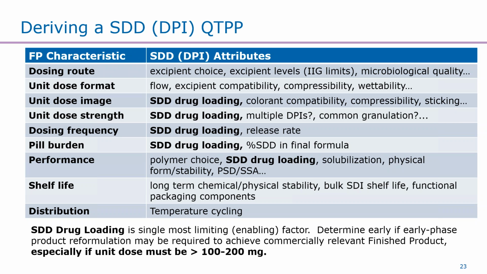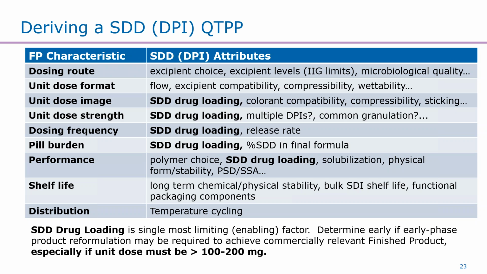we can derive what are appropriate SDD attributes. So for dosing route, things like excipient choice and levels, also microbiological quality. For format, we'll have attributes like flow, excipient compatibility, compressibility, and wettability, all that impact downstream processes like tableting.